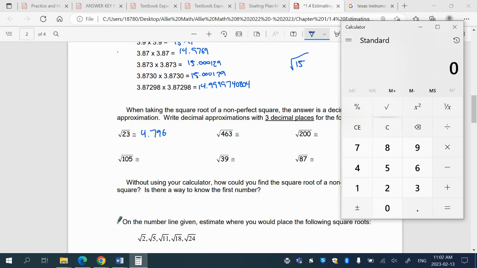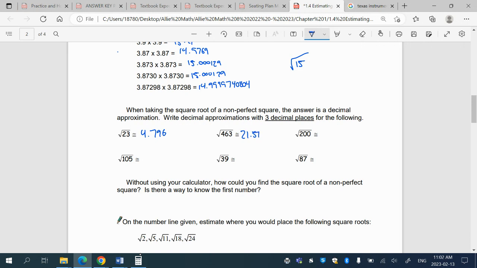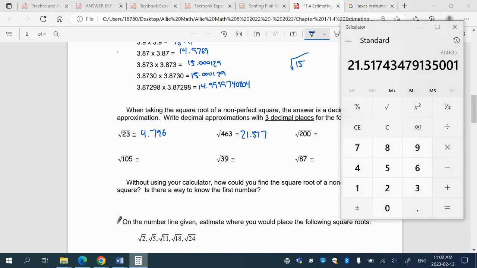Let's do the next one. Square root of 463: 21.517. Let's do the next one. Square root of 200: 14.142.